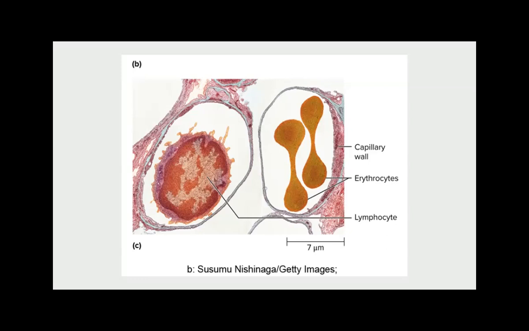So you can see that shape. It's so cool. You compare the size between the erythrocyte. You see how they can bend. That's one of the benefits of having this particular shape. And then you've got your lymphocytes. Lymphocytes also have the ability to change their shape in order to move into places, whether it be capillaries or into the tissues themselves.